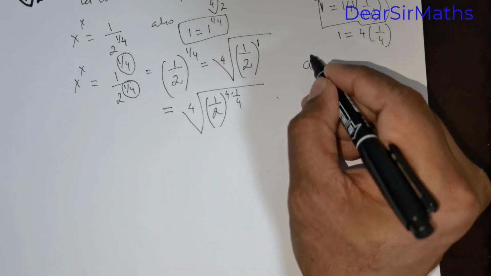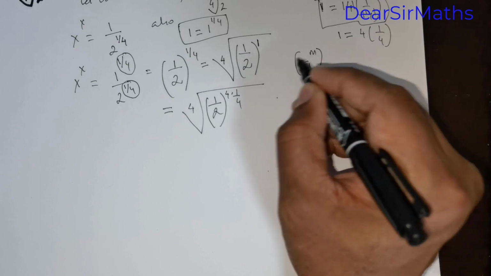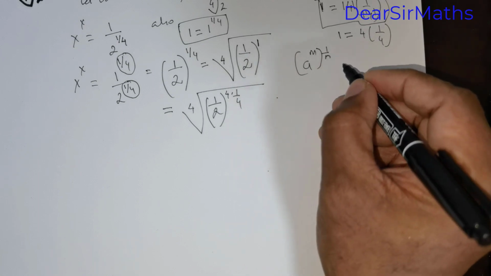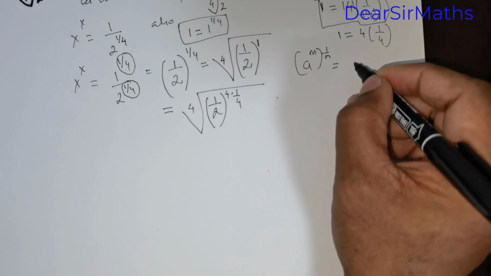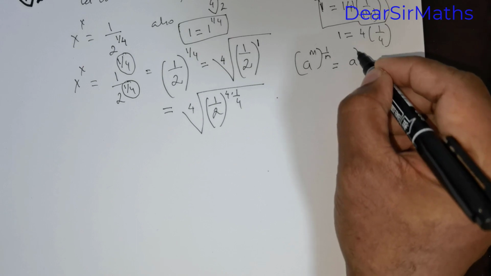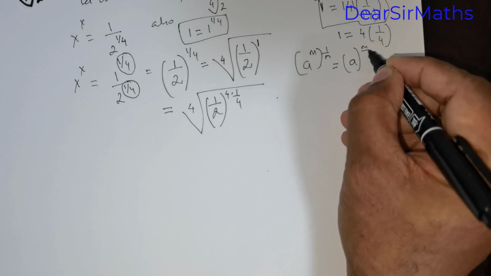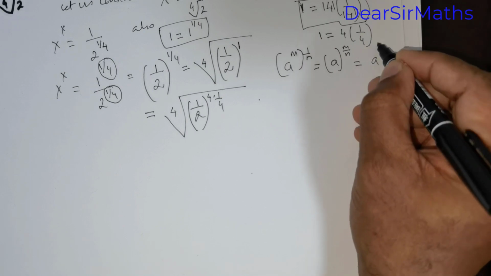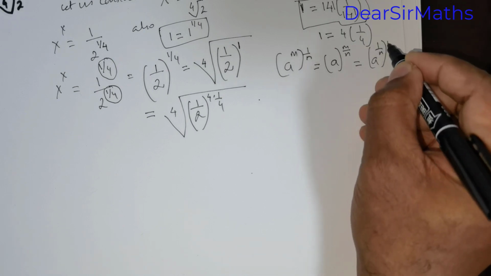Now if you have a raised to the power of m, the entire quantity raised to the power of 1 over n, then this is equivalent to a raised to the power of m over n, and further you can rewrite this as a raised to the power of 1 over n, raised to the power of m.